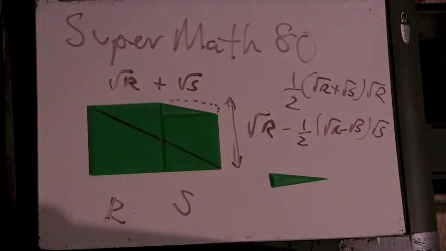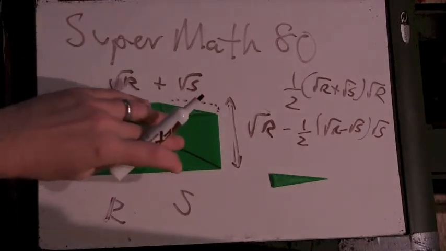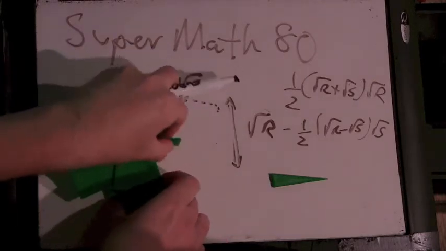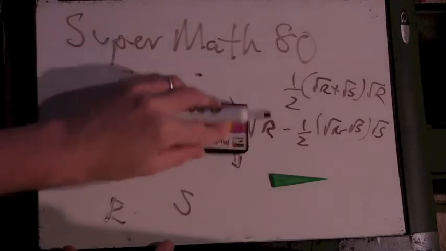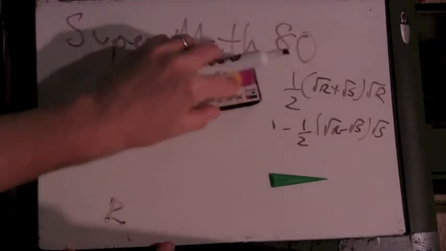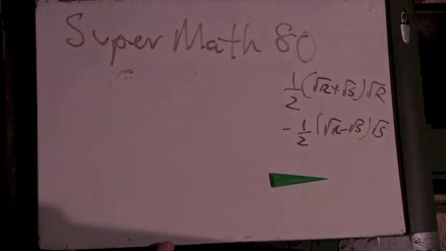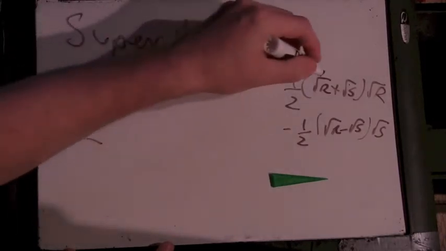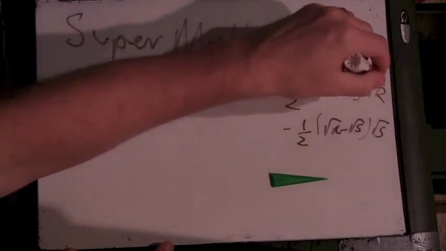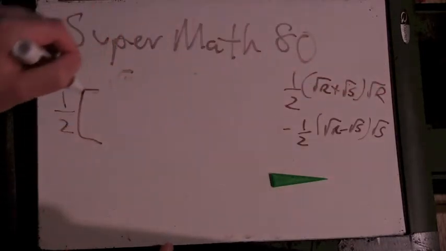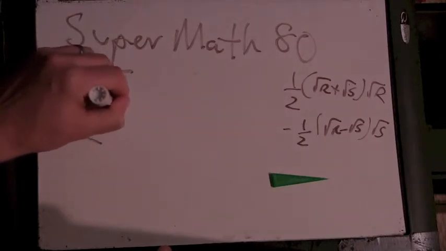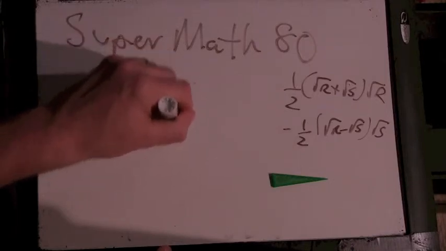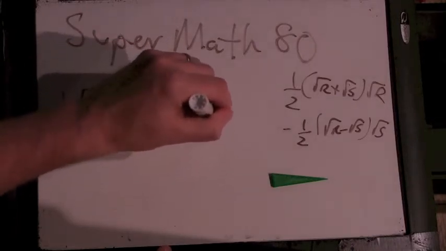Okay. Well, that's interesting. So tell you what, let me slide the shape out of the way and let's do the calculation. So I'm going to factor out the 1/2. From the first one, what did I get when I multiply this out? Square root of r plus square root of s times the square root of r. You get r plus square root of s times r. Okay, and then I have minus 1/2.